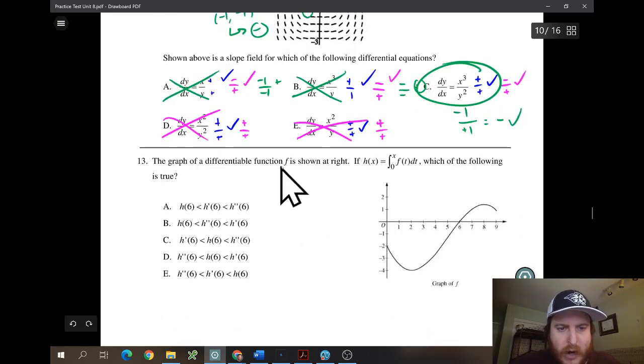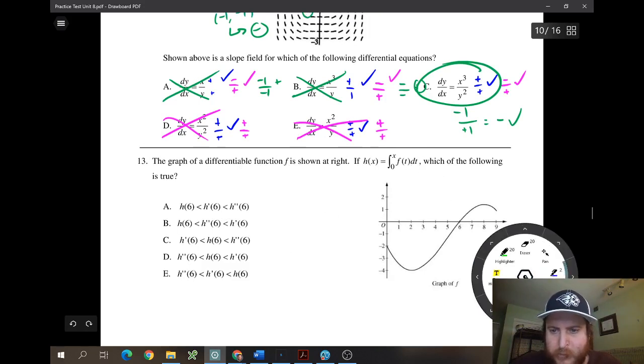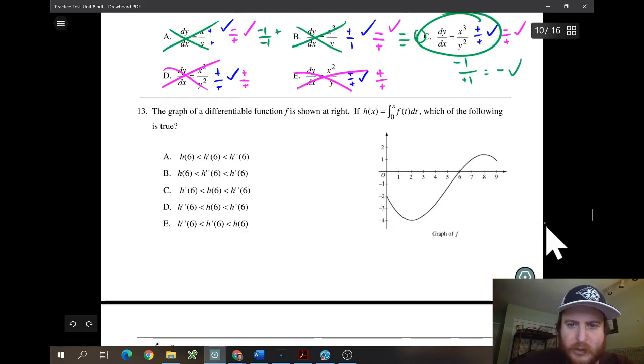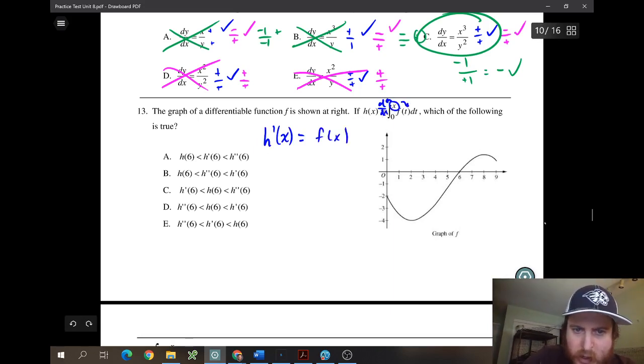All right, next we have the graph of a differentiable function. We have the same process where we're going to do the FTC. Which of the following statements is true? So we're going to do h prime of x equals f of x, and then h double prime of x equals f prime of x.